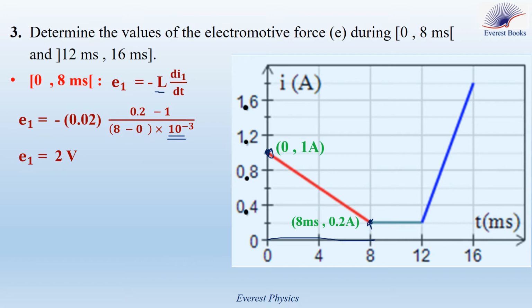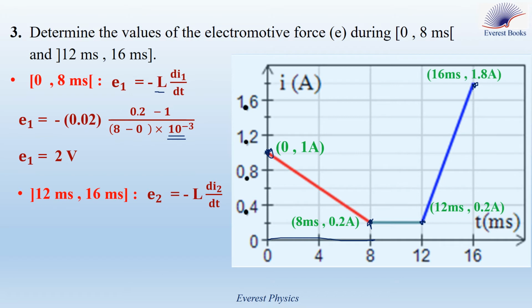Let's move to the second time interval. Similarly, E2 is equal to minus L dI2 by dt. And also, we need to choose 2 points, any 2 points on the curve. So we have this point and this point. These 2 points have the coordinates 12 milliseconds, 0.2 ampere for this point, and 16 milliseconds, 1.8 amperes for this point.